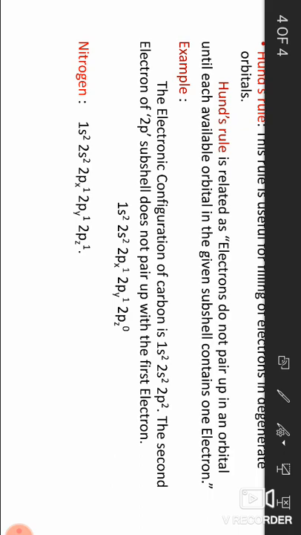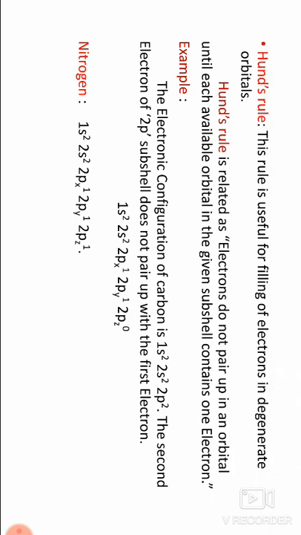Example, the electron configuration of carbon is 1s2, 2s2, 2p2.